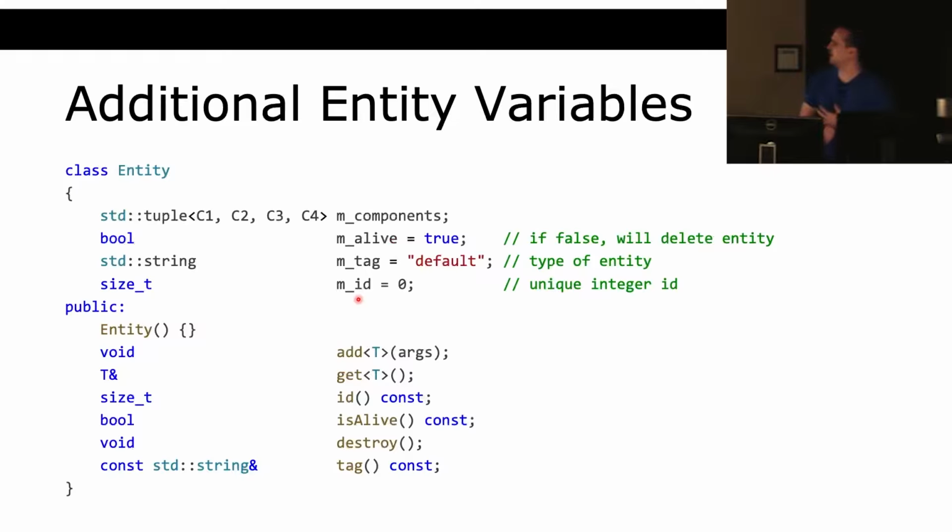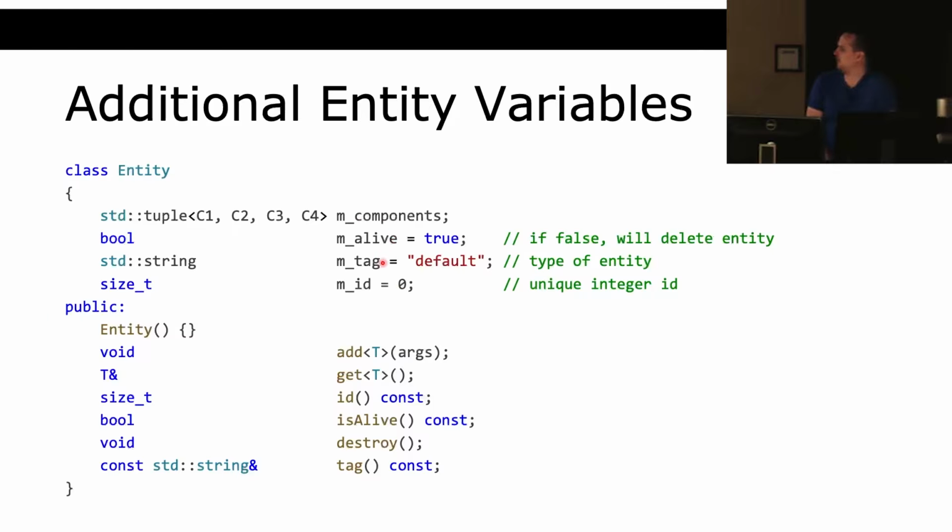And so we'll have this ID here. Whenever we create a new entity, we're just going to give it the next integer. So the first entity we create is entity number 0. The next one is 1, 2, 3, 4, up to however many entities we want to create. And so that's something that we'll be able to use to check to see, is this entity literally equal to this other entity?